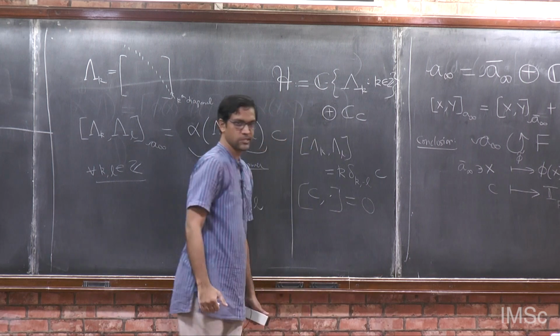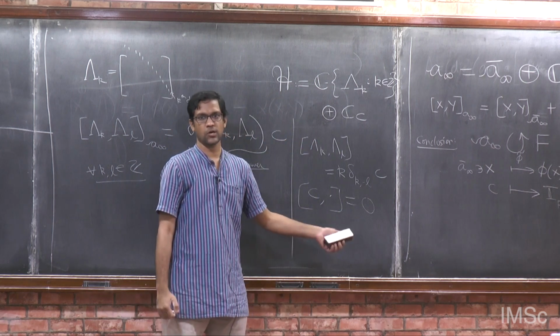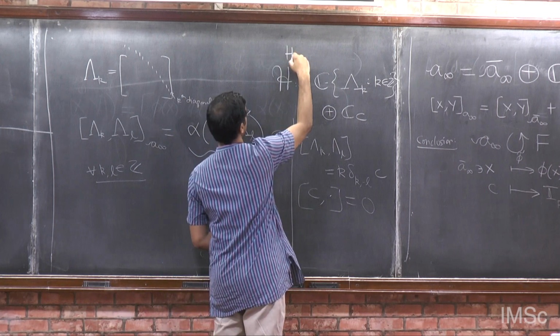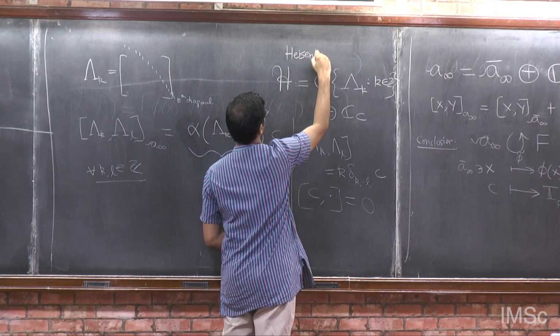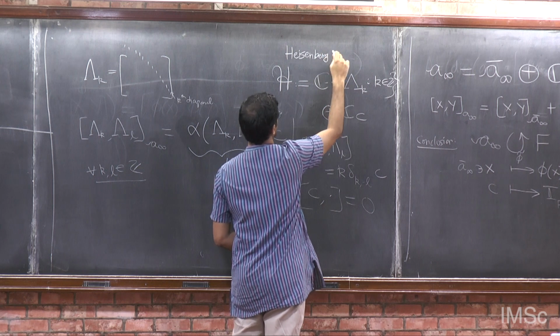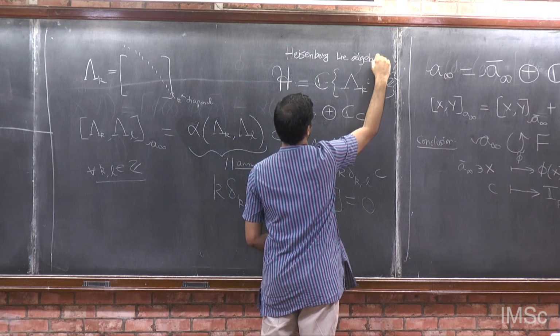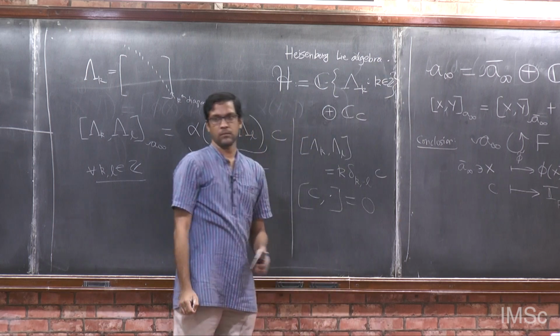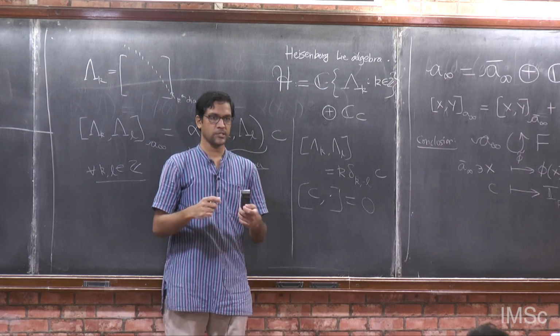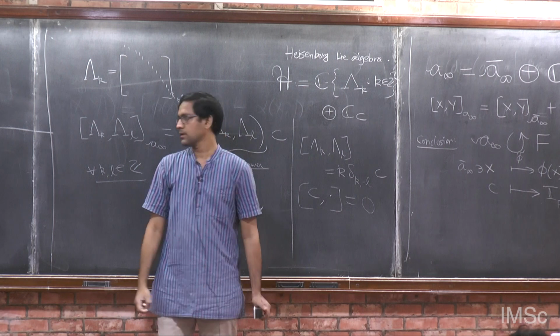So a Lie algebra with this set of Lie brackets is called a Heisenberg Lie algebra, an infinite Heisenberg Lie algebra. You also have finite variants. This is a Heisenberg Lie algebra.